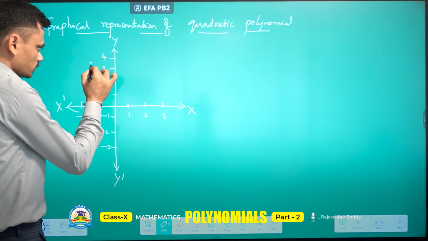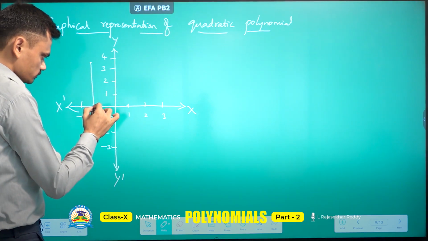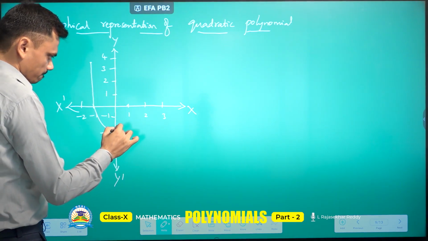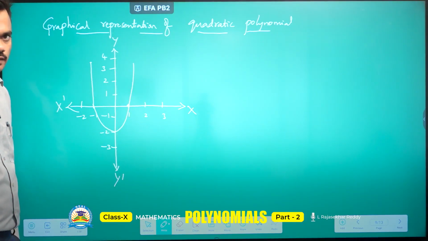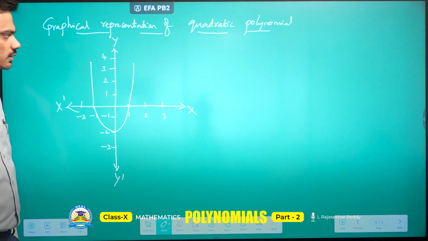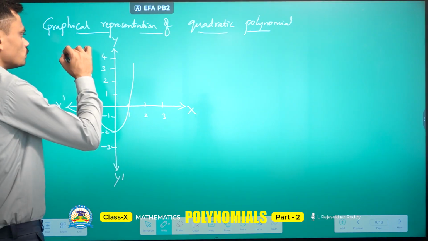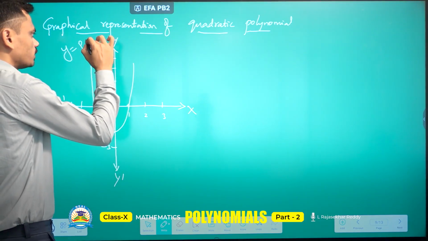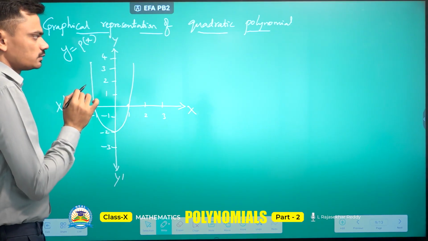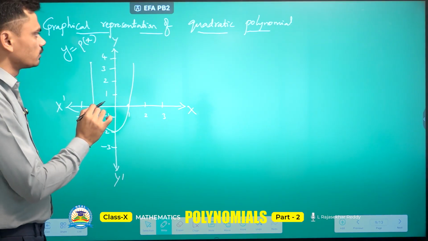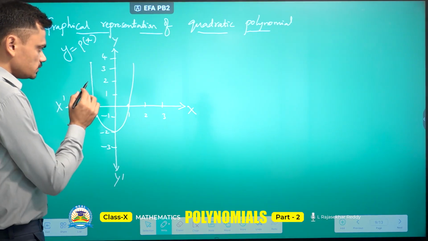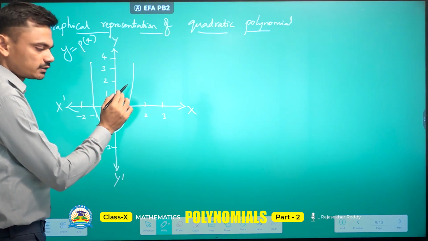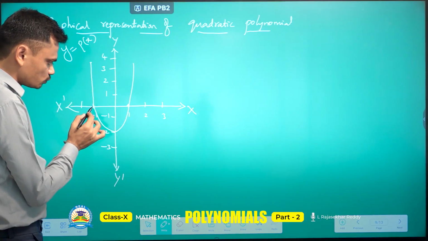Suppose if you draw the graph like this, one parabola came. This is also one quadratic polynomial, nothing but parabola. Y is equal to p of x, means in the quadratic polynomial the variable is x. So here this parabola is intersecting the x-axis at 2 points.